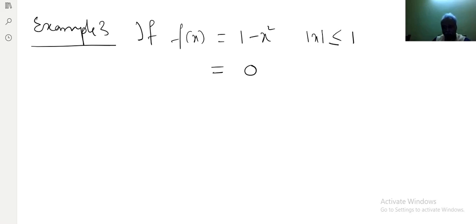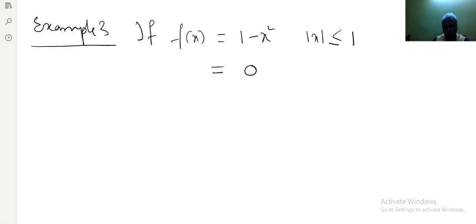If in the previous two examples, wherever a is there, you put 1 and make one more example. Here, f of x has two definitions: either it is 1 minus x square, or it is 0. It is this value if it is in the range of mod x less than or equal to 1, and already you are used to this.